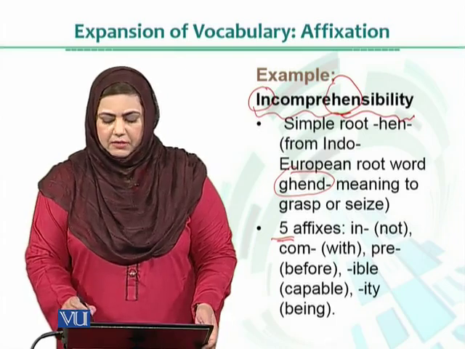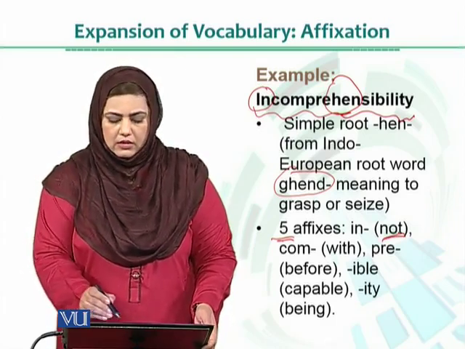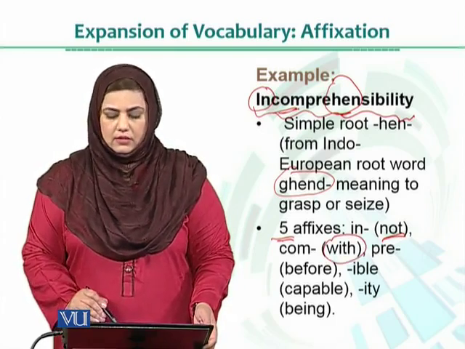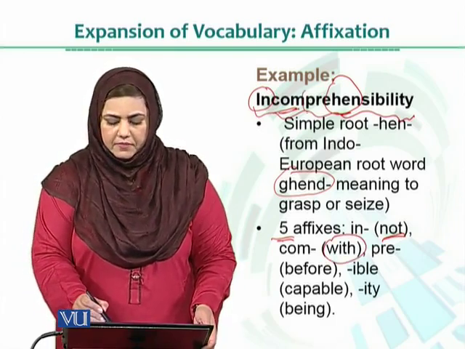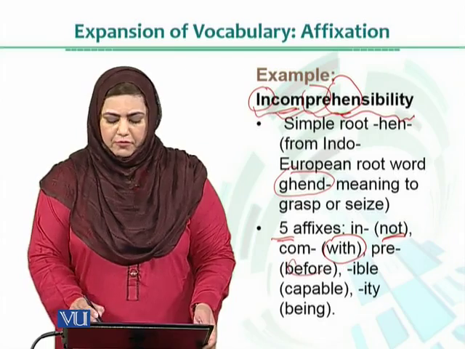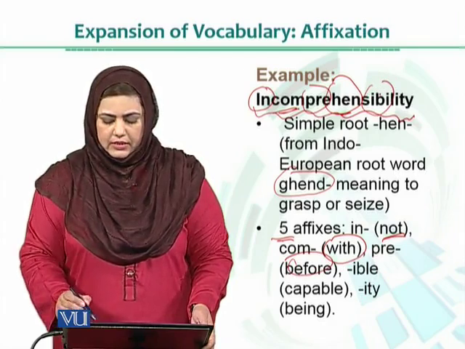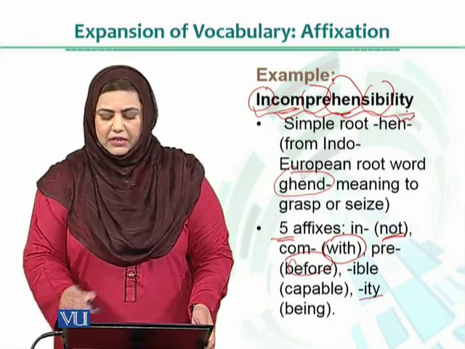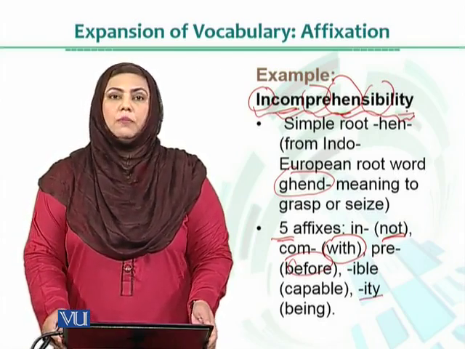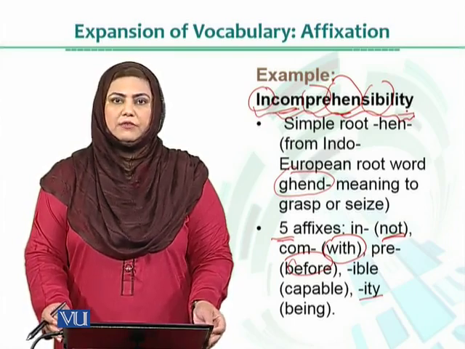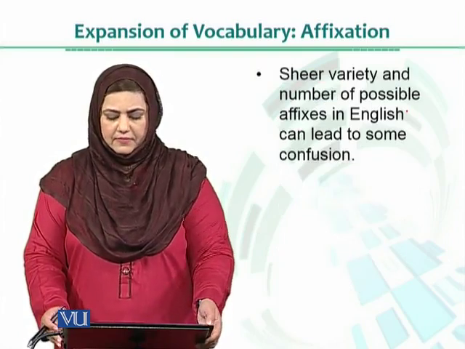In means not. Com means with. Pre means before. Able means capable. Ity means being. So, incomprehensibility is a word that is created by adding so many suffixes and prefixes.